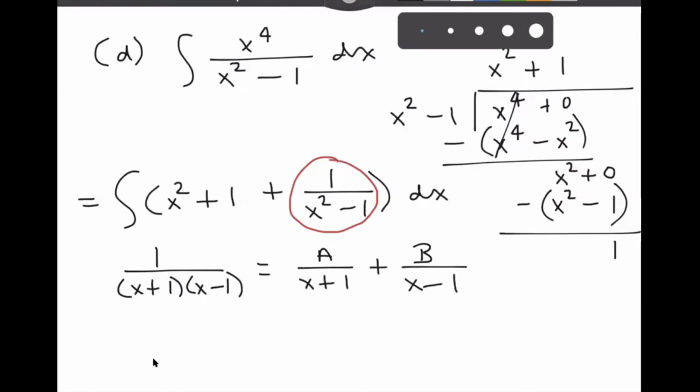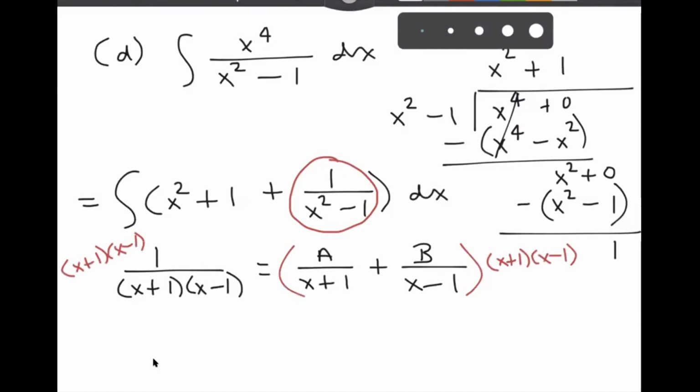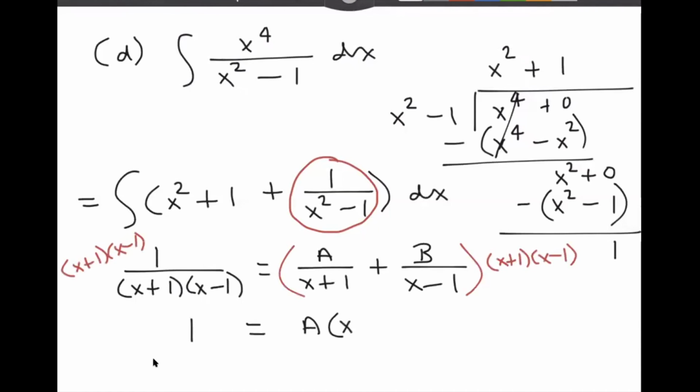I'm going to multiply the top and the bottom by x plus 1, x minus 1. And that is going to give me 1 equals a times x minus 1 plus b times x plus 1. All right, so my method will work beautifully for this one.